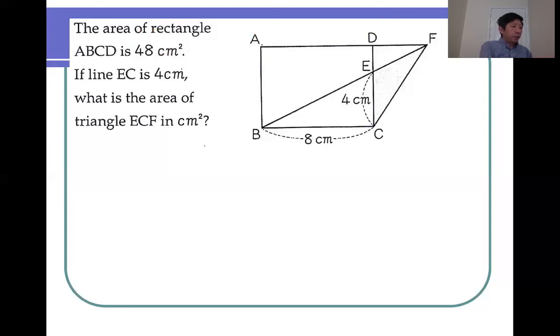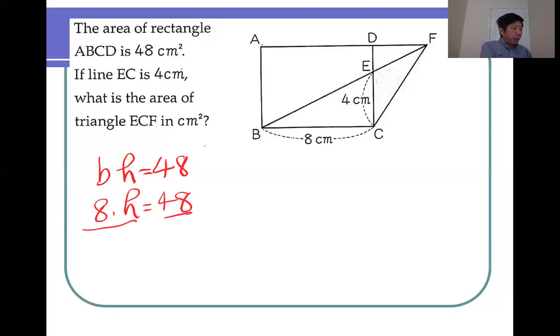So first of all, we take ABCD, because base times height is equal to the area, right? And then we have base is 8, and height we don't know, which is equal 48 divided by 8. Oh, we find height is equal 6. So we can fill in this is 6. All right, are you with me?